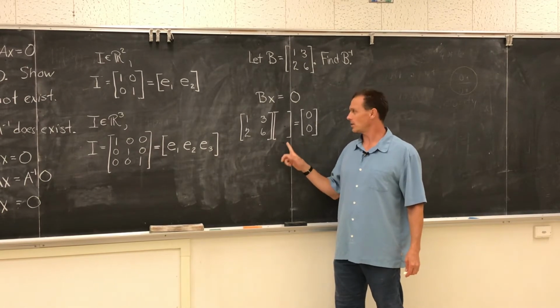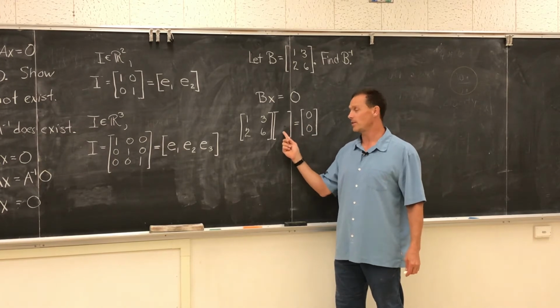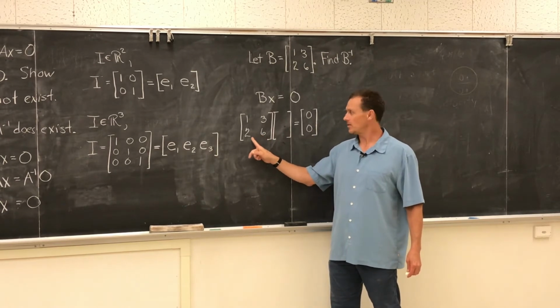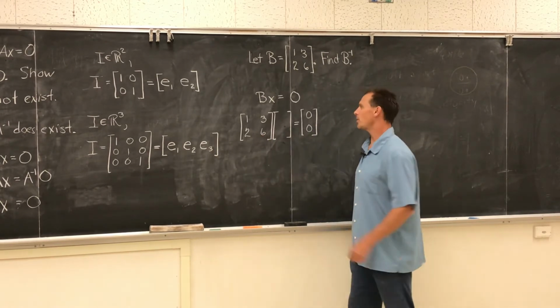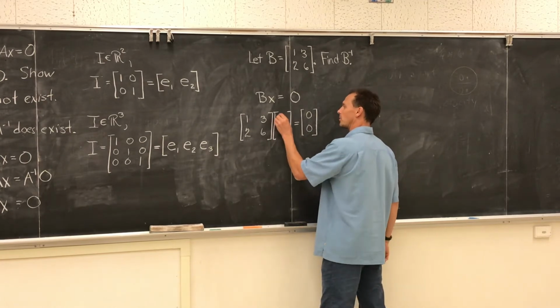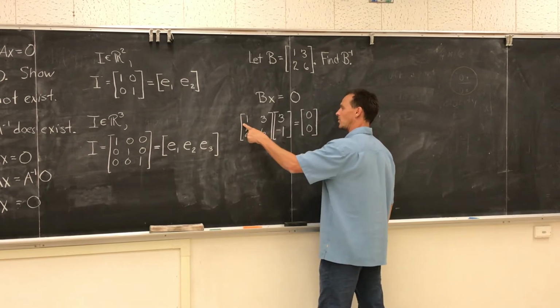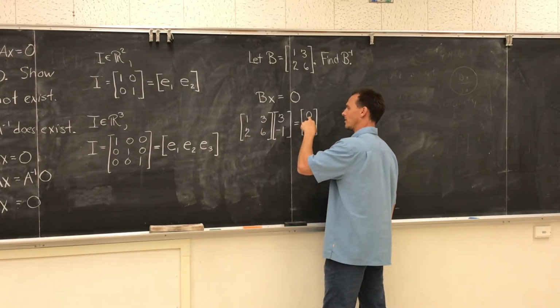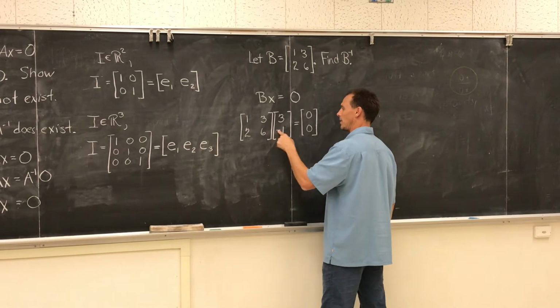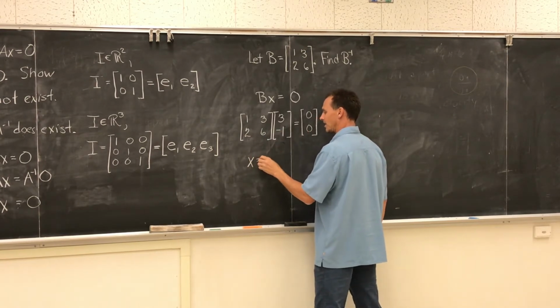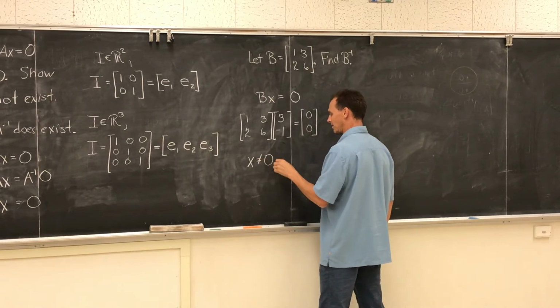Take a moment and see if you can come up with, is there a way to get to 0 other than 0? Here's what I'm thinking. I know that the second column is 3 times the first. So what if I just take and multiply the first one by 3 and then subtract the second one? Well, this is 3 minus 3 is 0. This is 6 minus 6. This is 0. Wait a minute. This x is not 0.